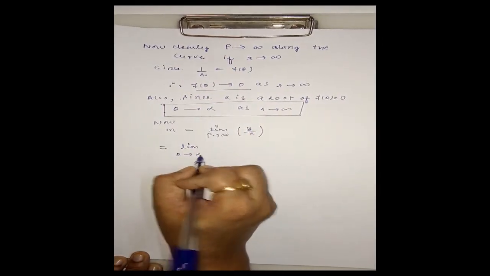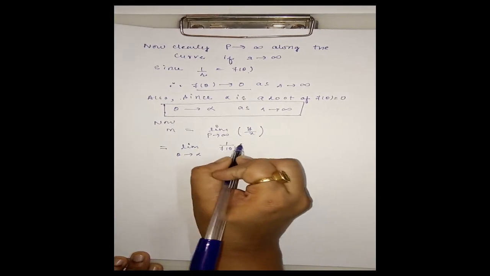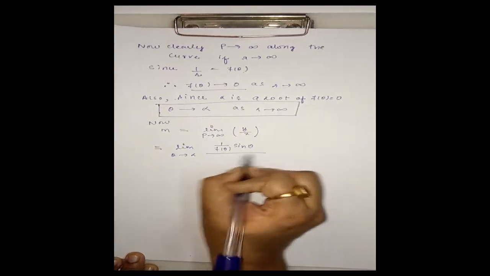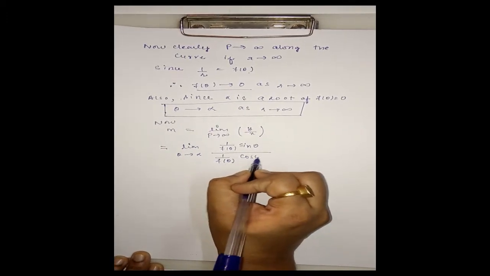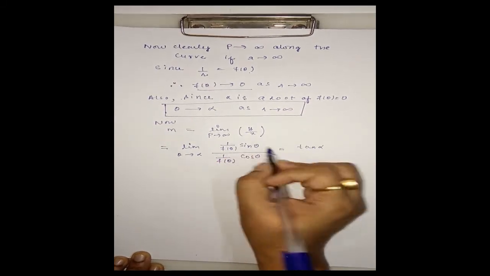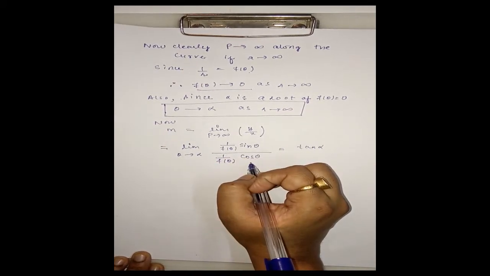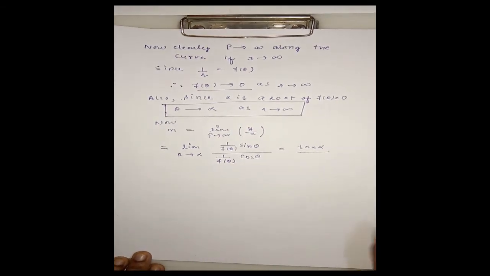Y is 1 upon f theta sin theta, and x is 1 upon f theta cos theta. This cancels out, and sin theta by cos theta is tan theta. On taking the limit as theta tends to alpha, this will give us tan alpha.